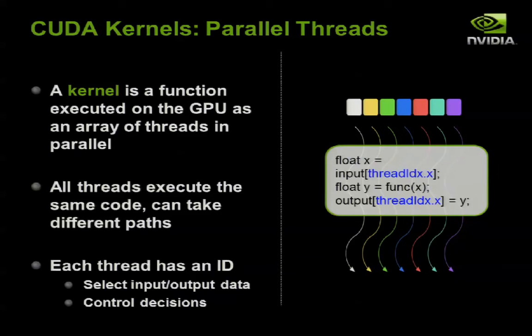Now, all threads that execute a kernel execute the same code, but they can take entirely different paths through this code. So you can branch based on your thread ID. You can perform entirely different operations based on your individual ID. Whether that performs well or not is a different question, but you can do that.